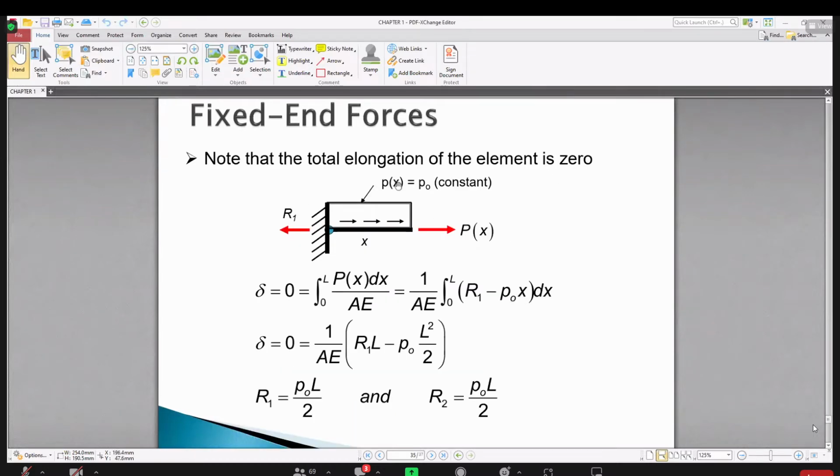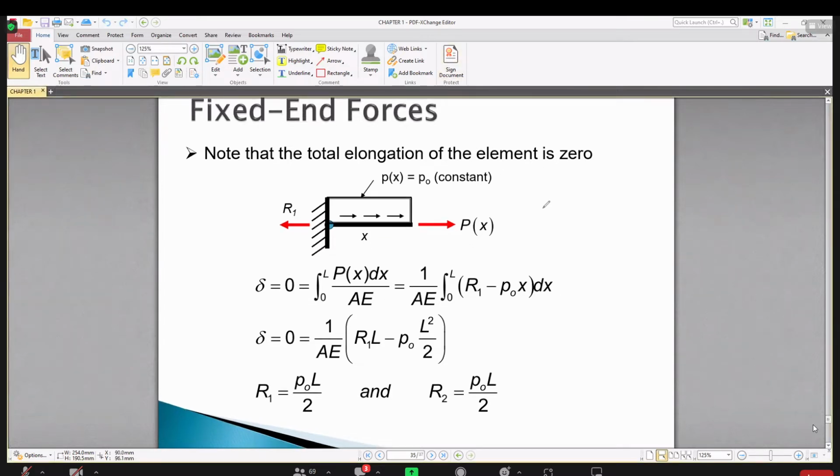So applying this relationship, delta is equal to PL over AE. Now the total, we have to do integration from 0 to L, the total length, and that should be 0, and the total displacement here is equal to 0. So this is the force, then dx over AE.